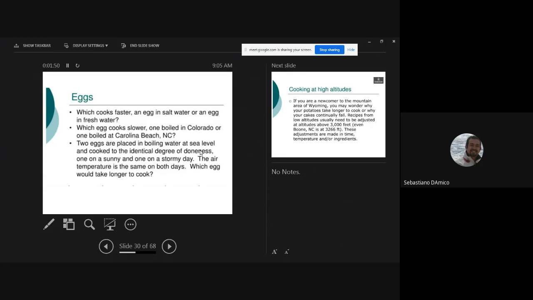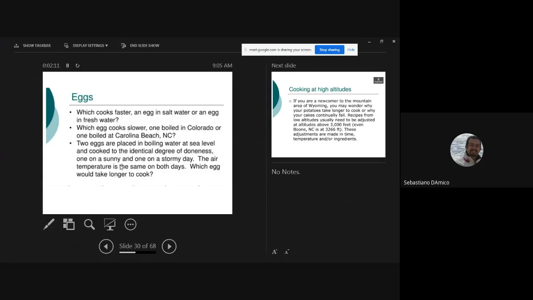So we are in two different atmospheric pressure conditions. Or two eggs placed in boiling water at sea level and cooked to an identical degree on a sunny or on a stormy day. Which would take longer to cook?